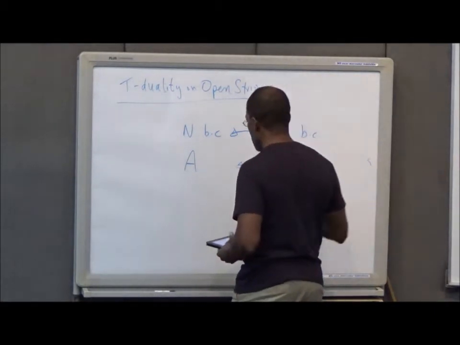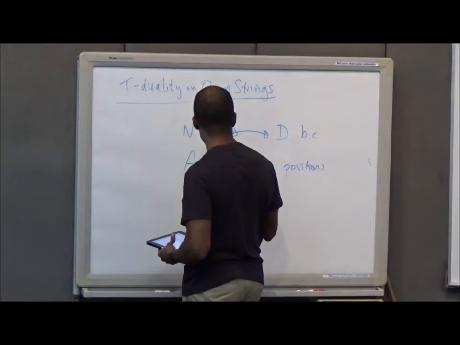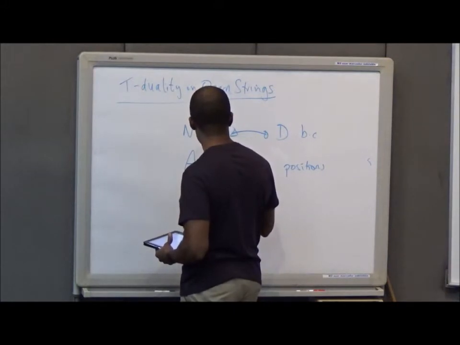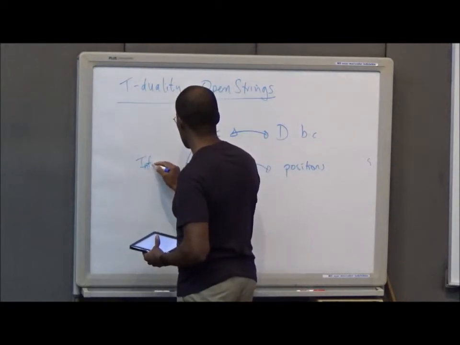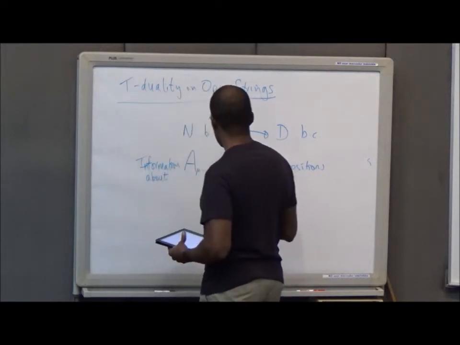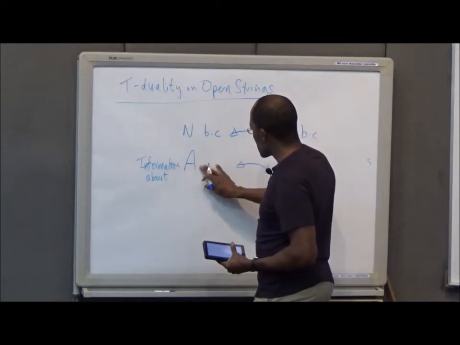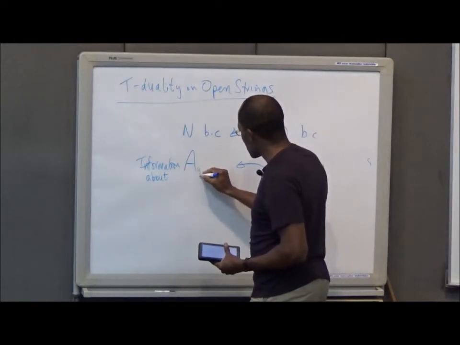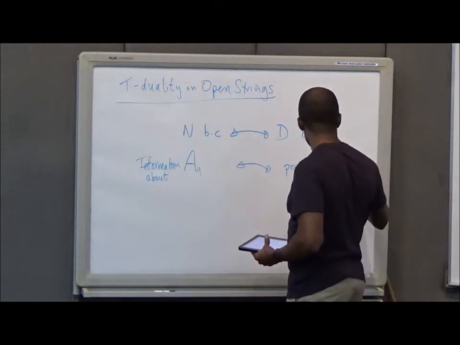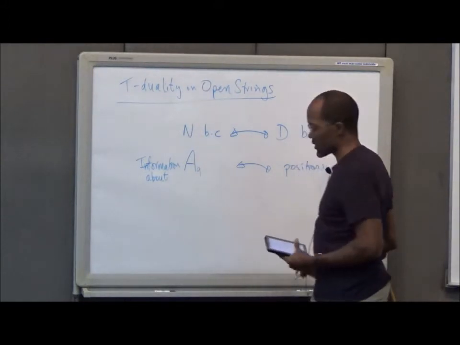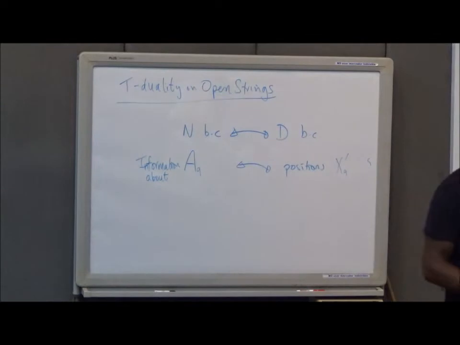And I gave you the precise formula for that. So, in the direction we're T-dualizing, say we were taking the 9 direction, for example, then this would turn into information about what's going on in the X9 position.